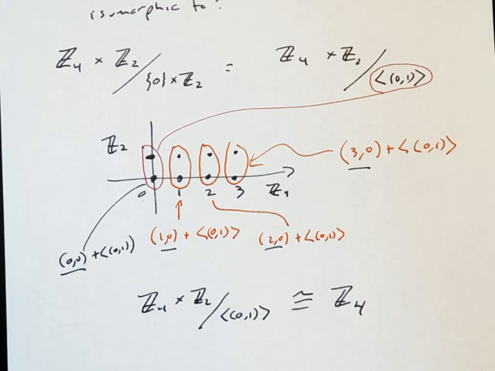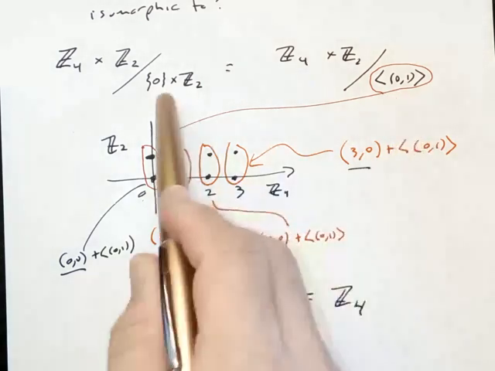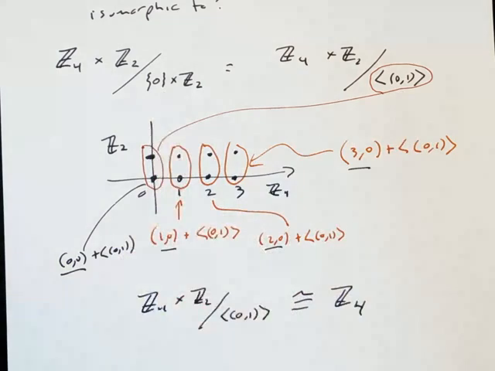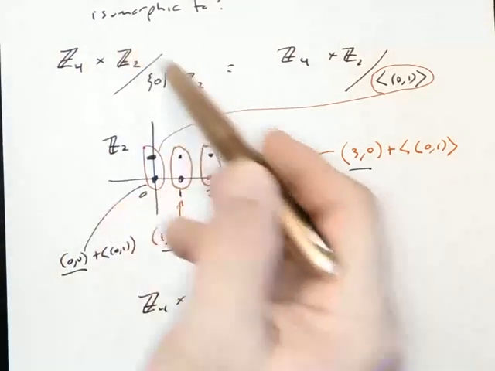What's special about this was that I used the identity here. And my group was originally a product. Those factors are the same.